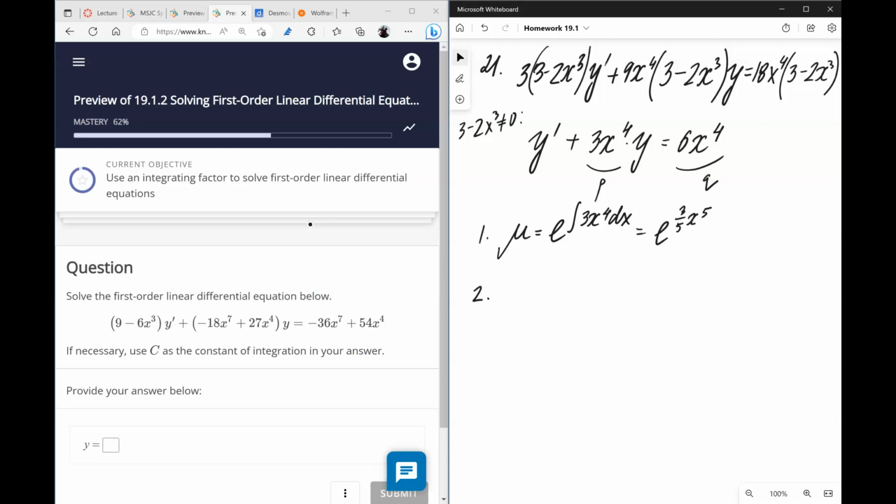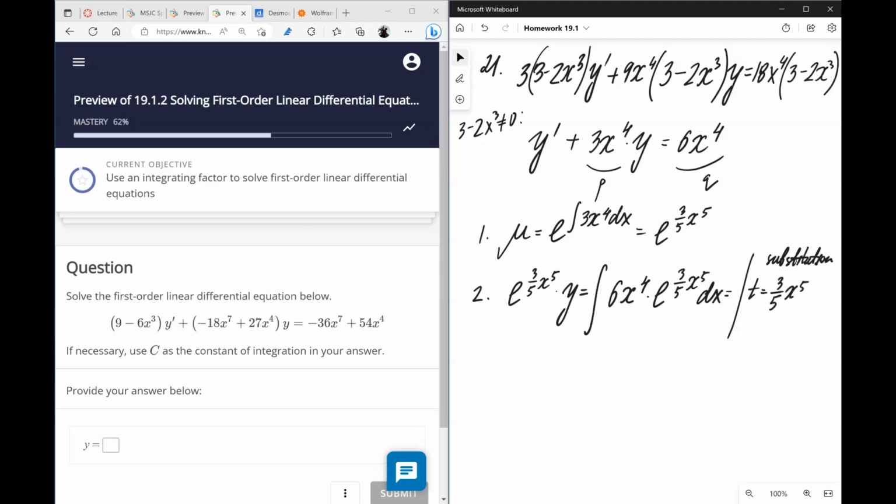Step 2, on the left hand side we have the integrating factor times y. On the right side we have an integral of the original right hand side times the integrating factor, and this is a simple integral, and we're gonna substitute 3/5 x to the power 5 with t. dt will be equal to 3x to the 4 dx.